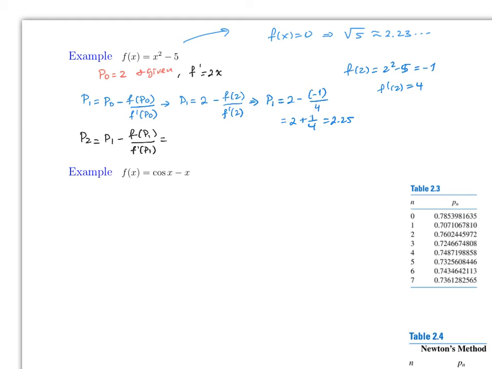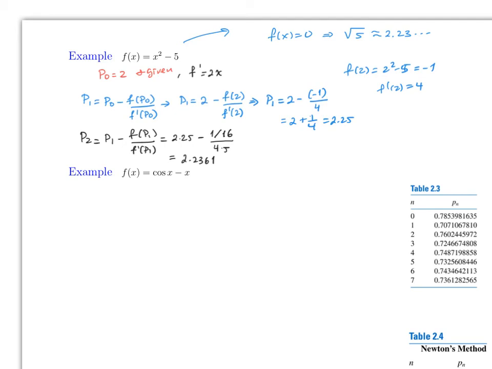In this case, this will be 2.25 minus, you should check, 1 over 16 divided by 4.5, and this is around 2.361. So you can see that the answer is very close to the real one. That's not surprising because the initial guess is very close to the actual solution.